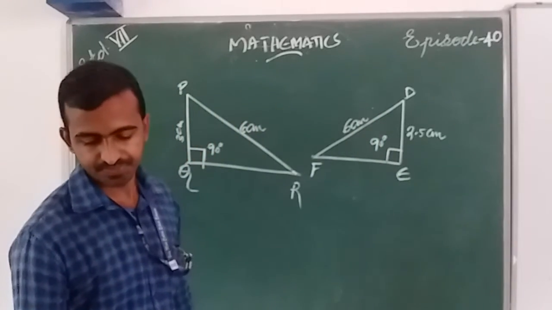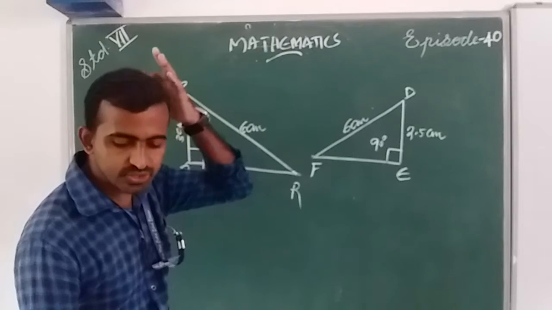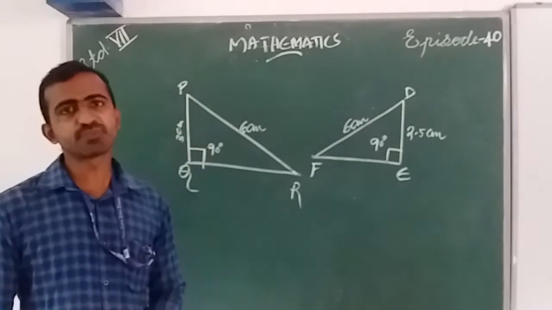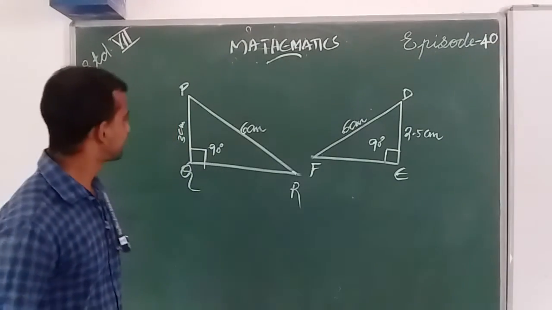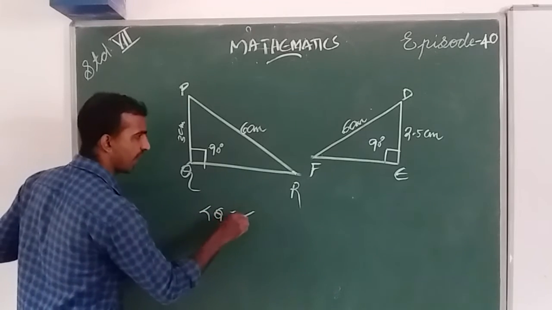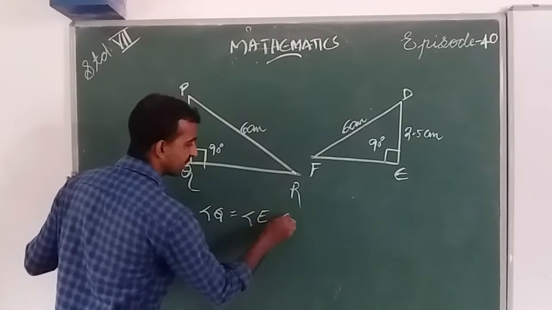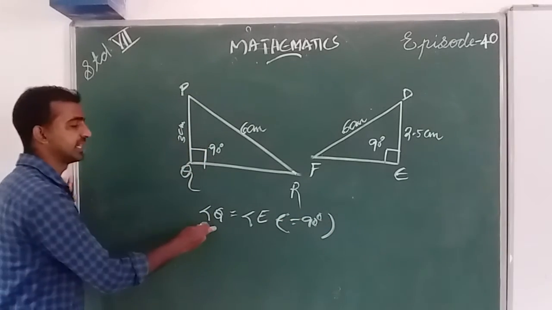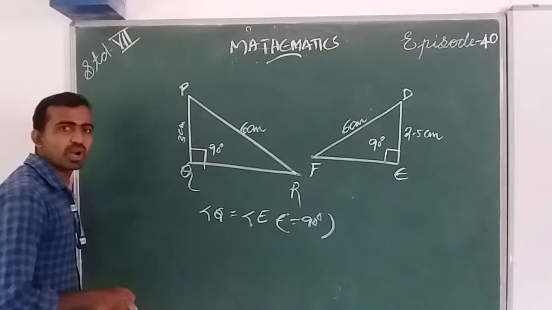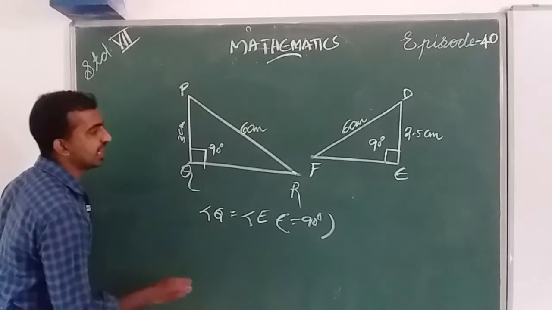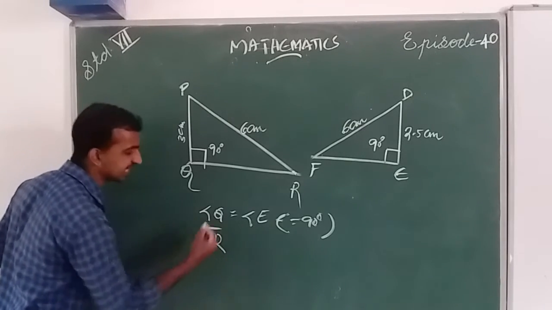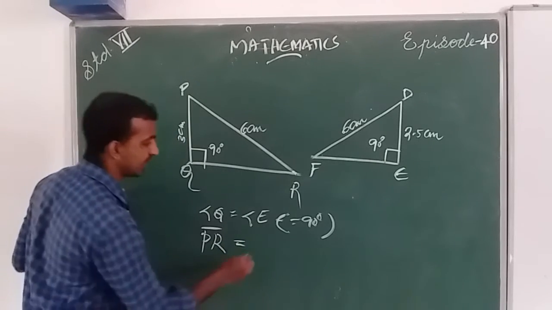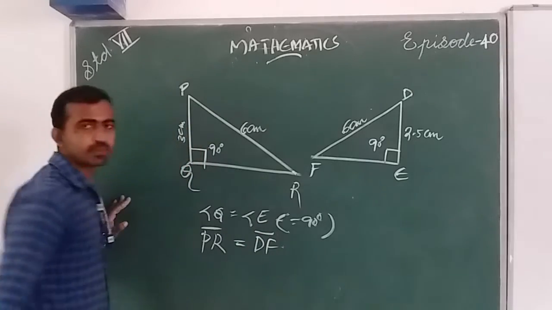Is it congruent? When we check, angle Q is equal to angle E, equal to 90 degree. So these angles are equal. Next, line segment PR is equal to line segment DF.